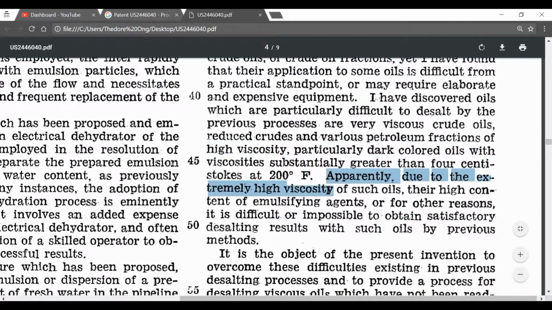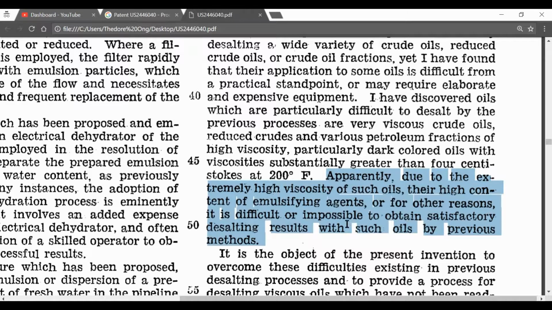Because of this high viscosity, something has to be done. Because with high viscosity, the settling time is way too long. The water droplets take forever to fall through thick oil, as compared to very easy to flow oil.